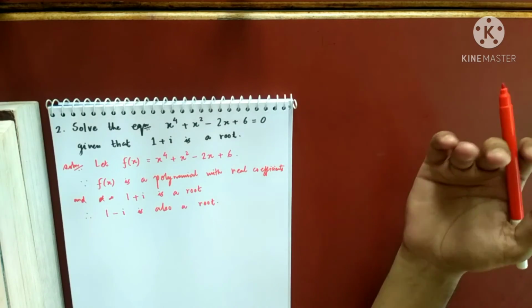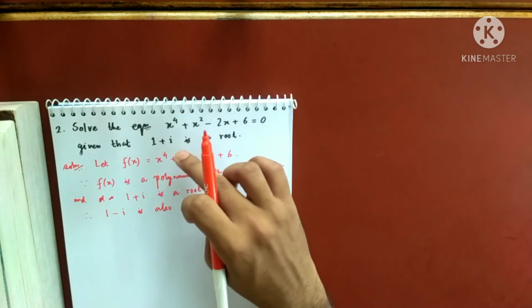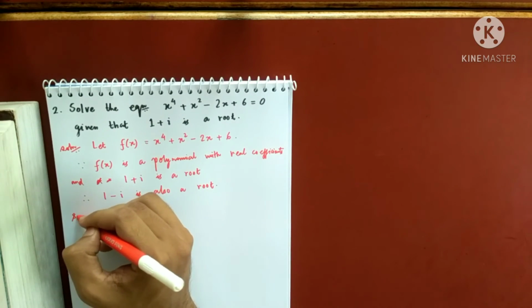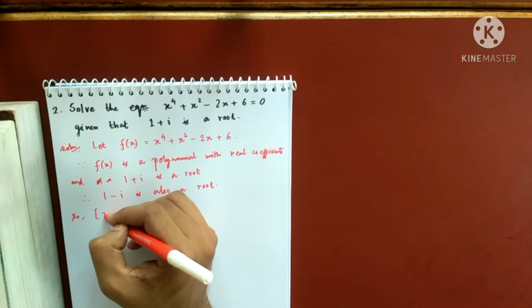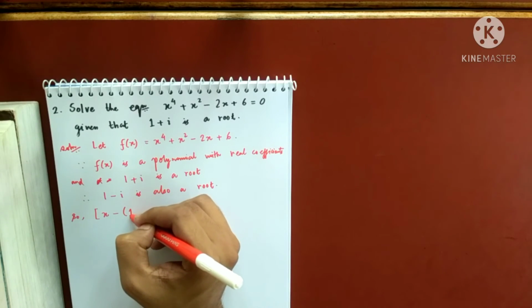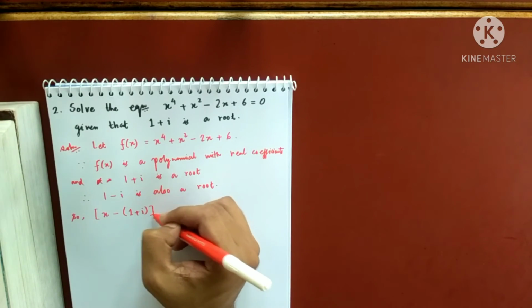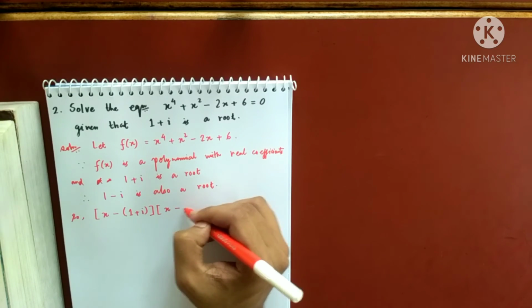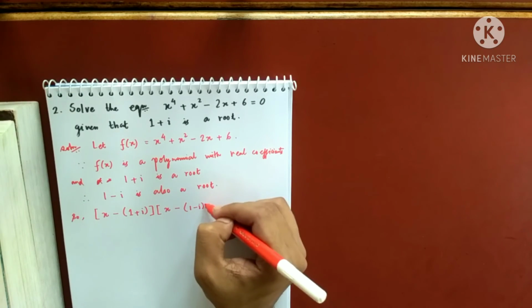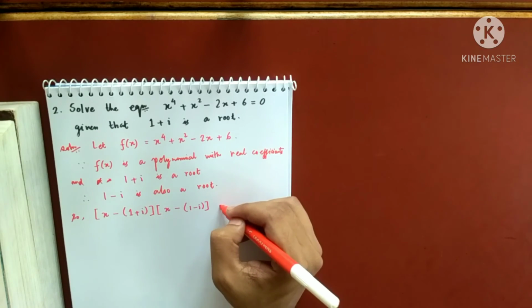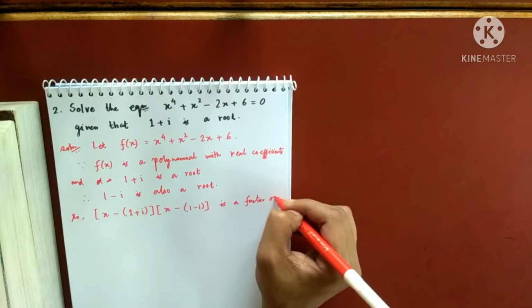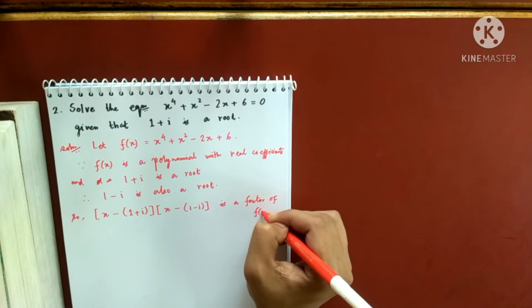Now to find the rest 2, we will divide f(x) by these 2 factors. This will divide f(x) and even this will divide f(x), so the product will also divide f(x). So this is a factor of f(x).